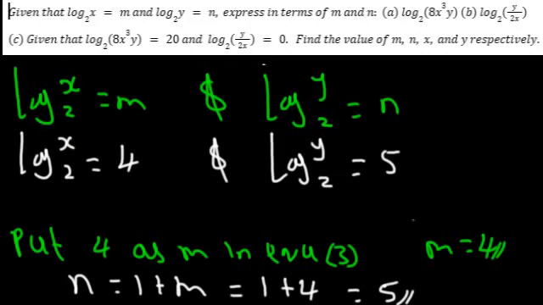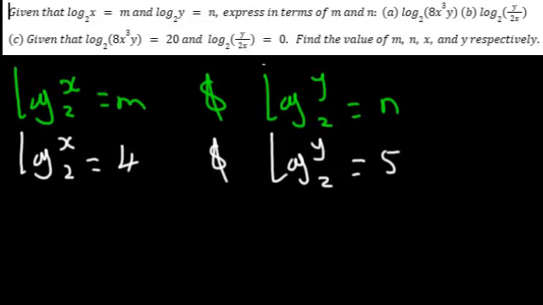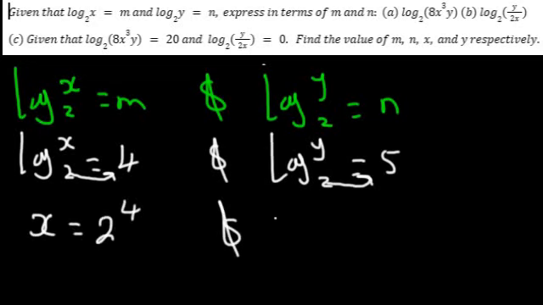Applying the definition of logarithms, the 2 will be raised to this value. It is an index to which a base is raised. That is basically the definition of logarithms. So x will be equal to 2 to the power of 4, and y will be equal to 2 to the power of 5. 2 to the power of 4 means 2 multiplied by itself in 4 places.